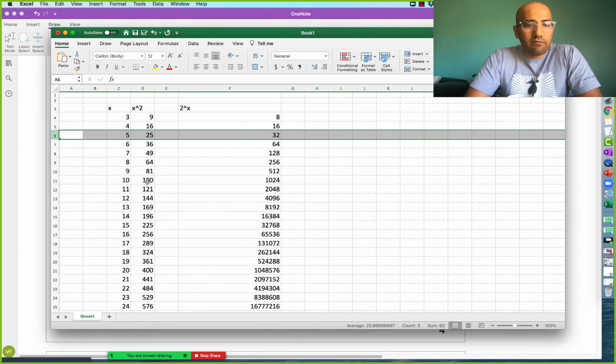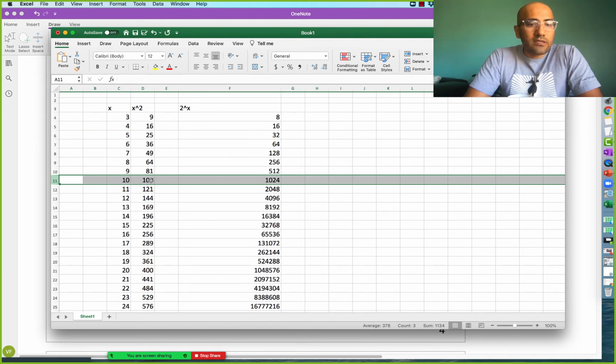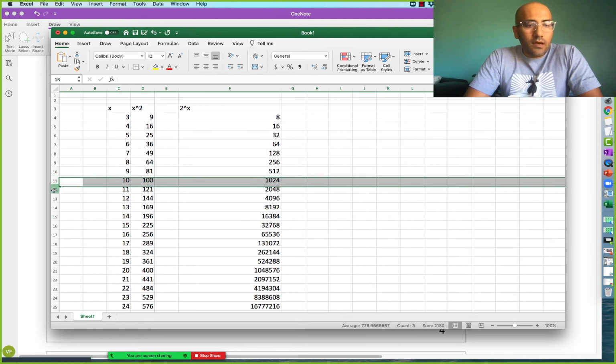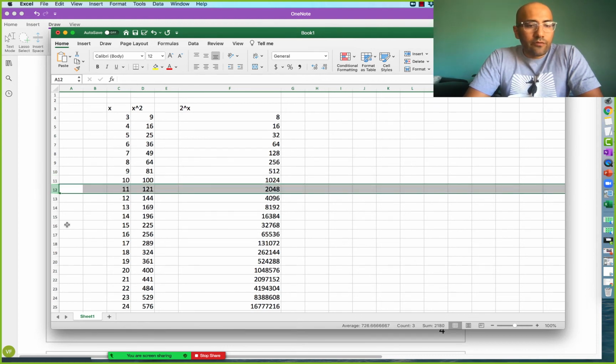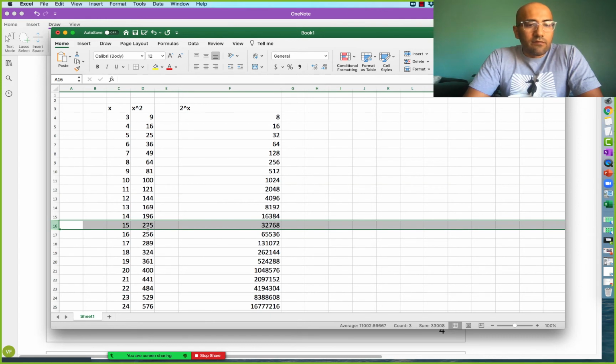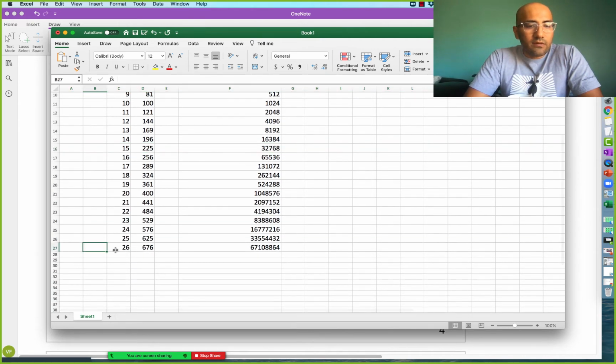See how these values are still relatively small compared to that? Even at 10, 10 squared is 100, and 2 to the 10th power is already 1024. And then so on and so forth. We go down to 15. 15 squared is 225. 2 to the power of 15 is already 32,768.